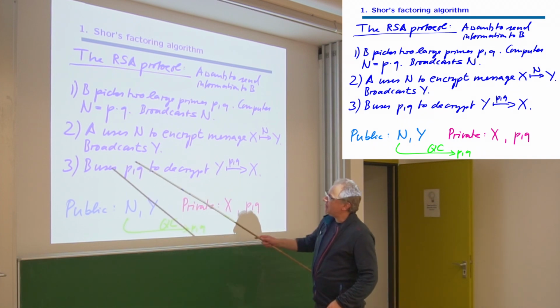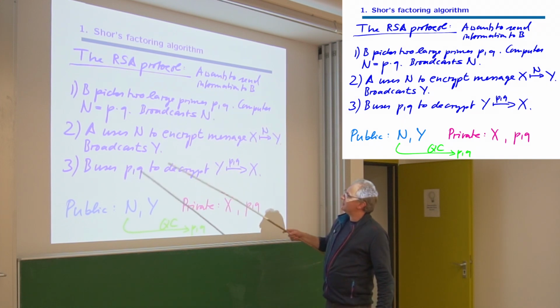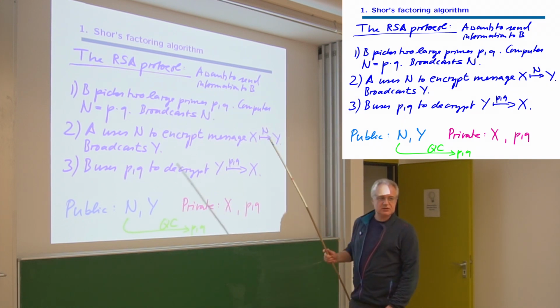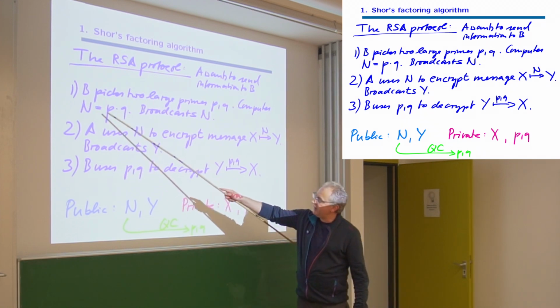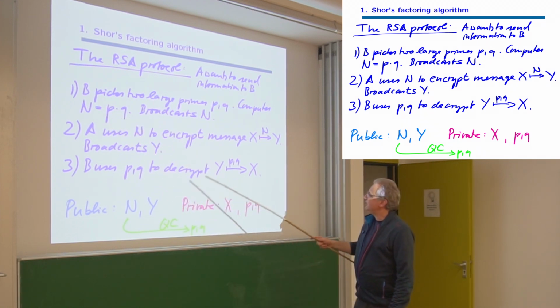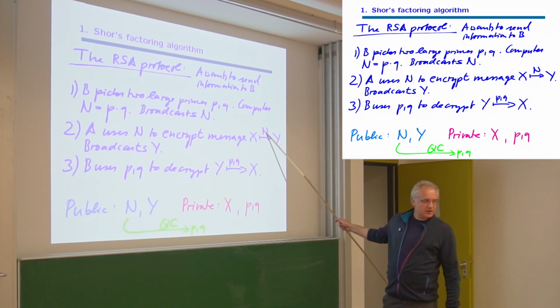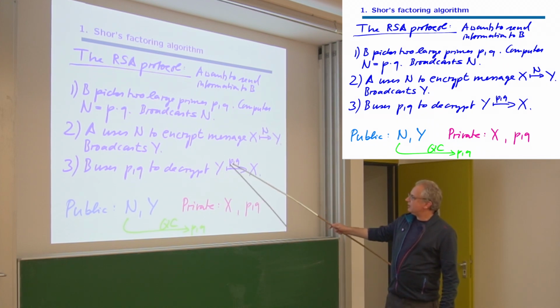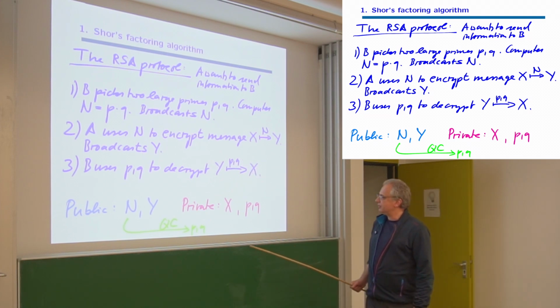Now the receiver, among many others, receives that encoded message and uses the two prime factors that make n to decrypt the message. So the encryption works with the product, the decryption works with the two factors separately. That's the protocol.